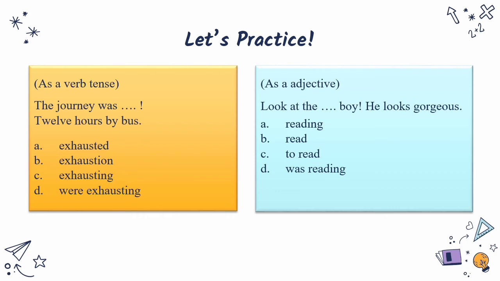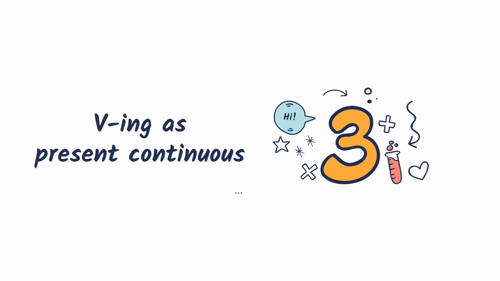For question number 2, as an adjective, look at the blank boy. He looks gorgeous. We can choose the answer: A, reading, B, read, C, to read, D, was reading.